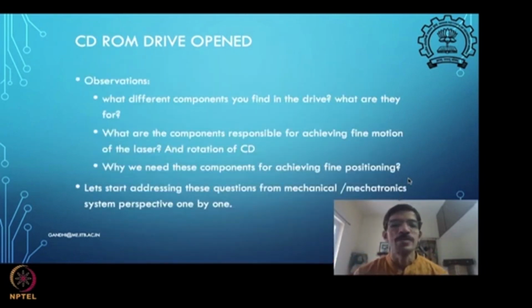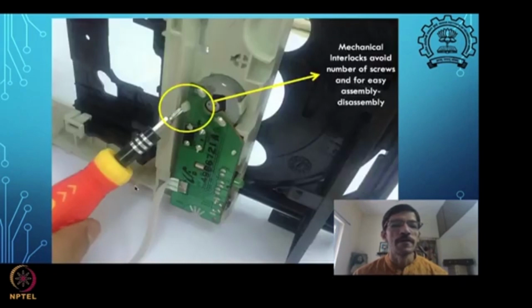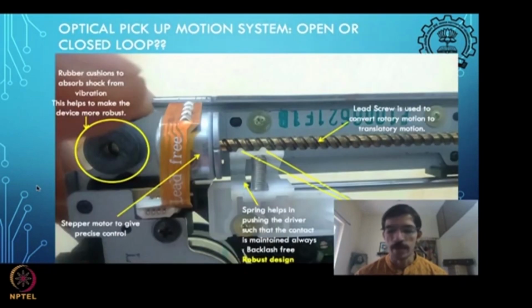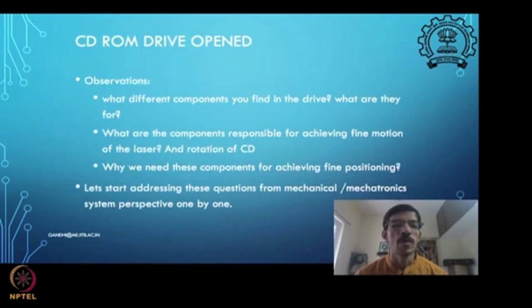Now some of these observations. Okay, so now you need to again ponder over these things. Let's go back one. Okay, what are the different components that you find there in the drive, and what are they for? Think about that. You may observe some things which are more than what I am making you observe in the couple of slides to come, or in the previous slides also.